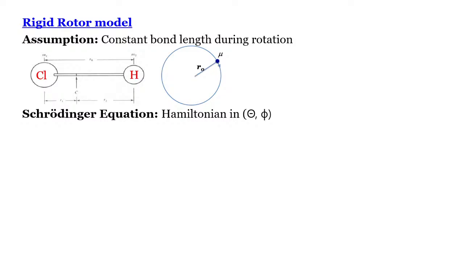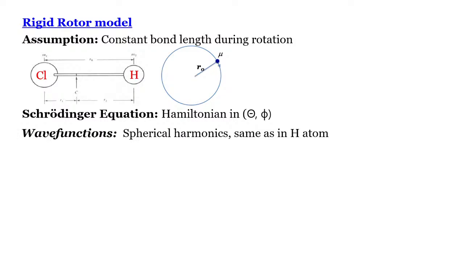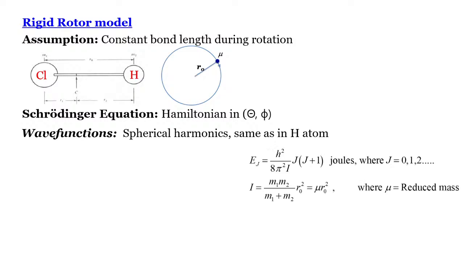For this system, one can write the Schrodinger equation. The Hamiltonian is going to be in theta and phi. That part of the Schrodinger equation is pretty much like what we had already for hydrogen atom. Wave functions, naturally, are the same spherical harmonics that we got from the angular part of Schrodinger equation for hydrogen atom.